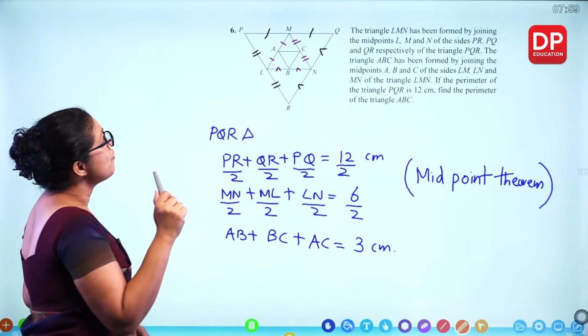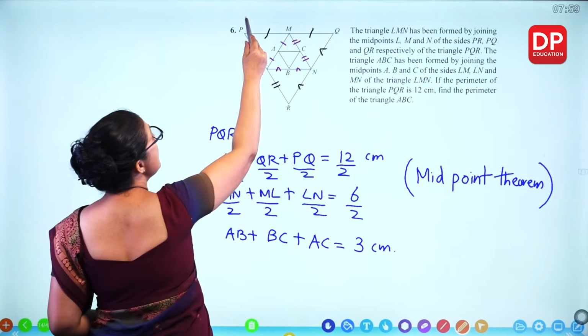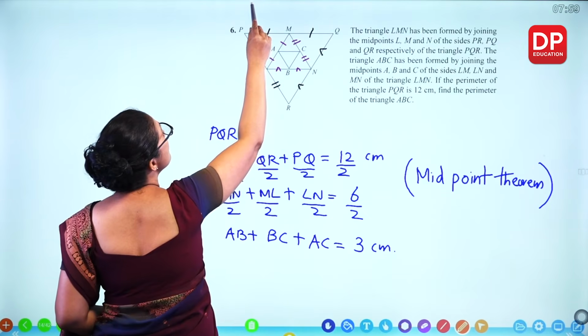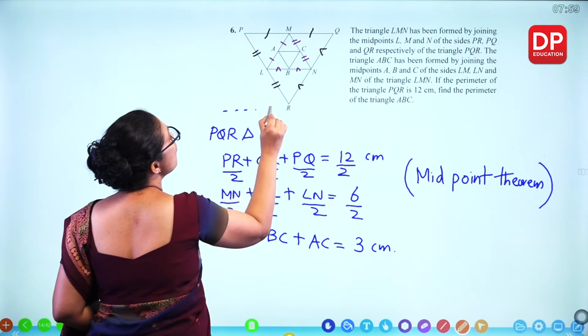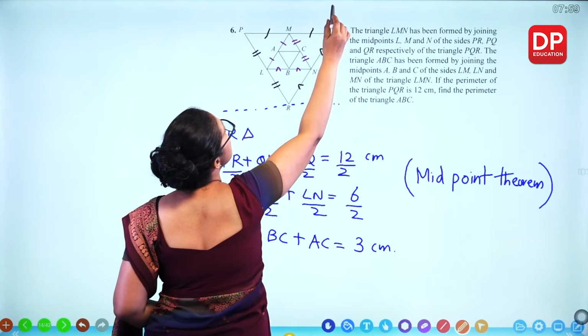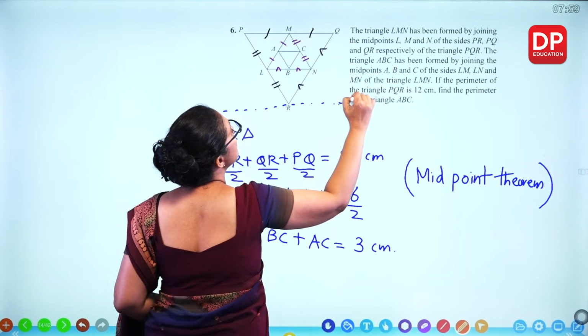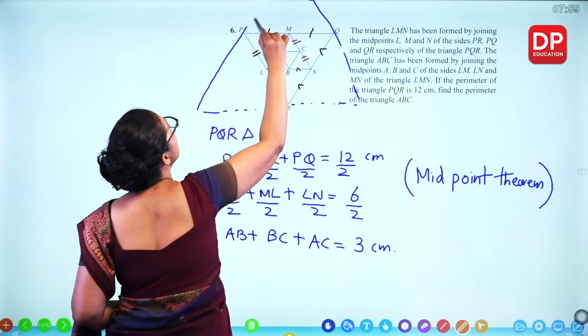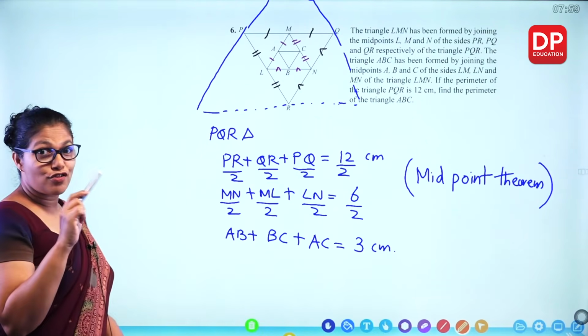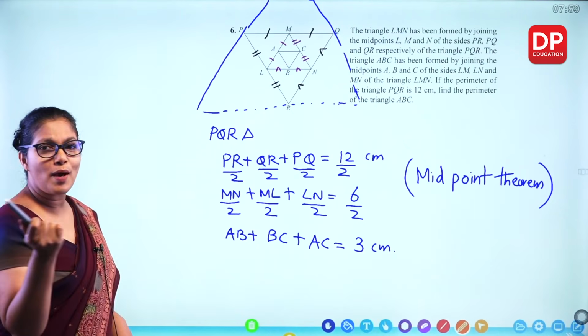If you want to find out the perimeter of the whole triangle, what do you think? That should be double of 12.